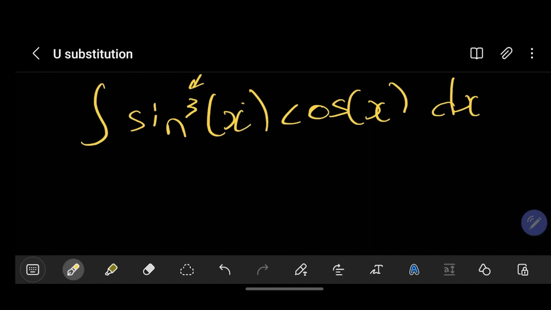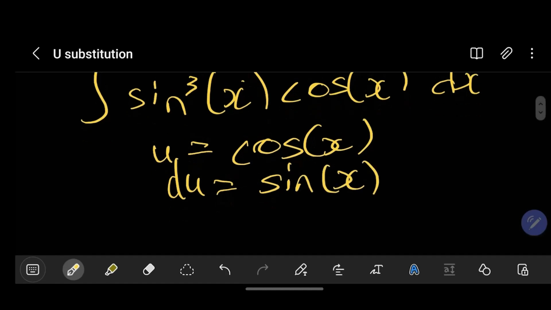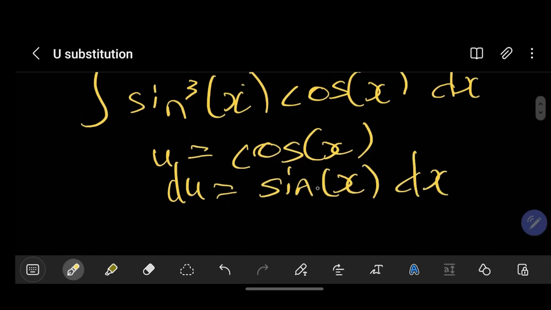So u equals cos of x, du is equal to sine of x. So in this case, we will only have one sine of x cancelling out with one sine of x, meaning we'll still have sine of x that we need to solve for.